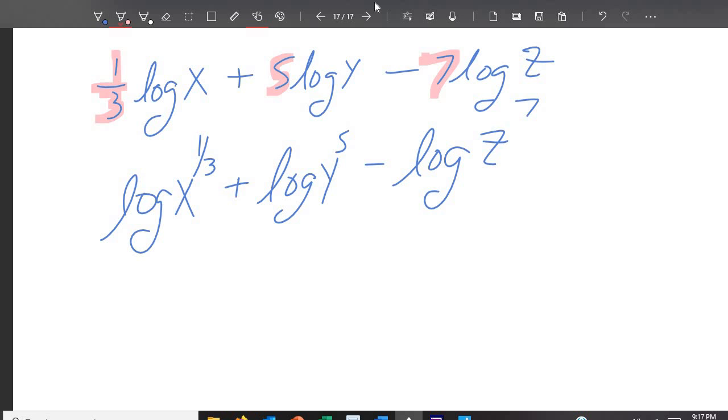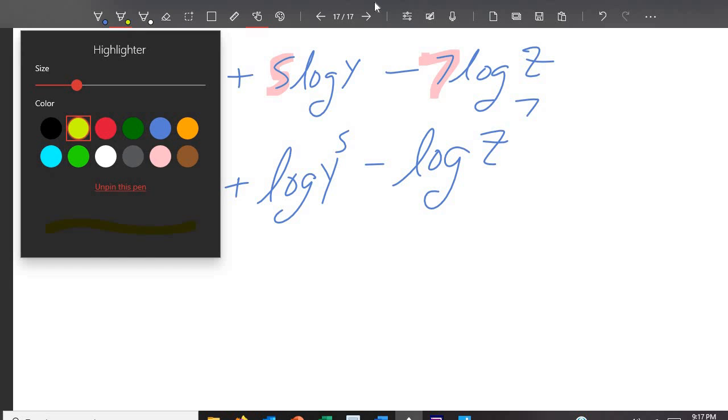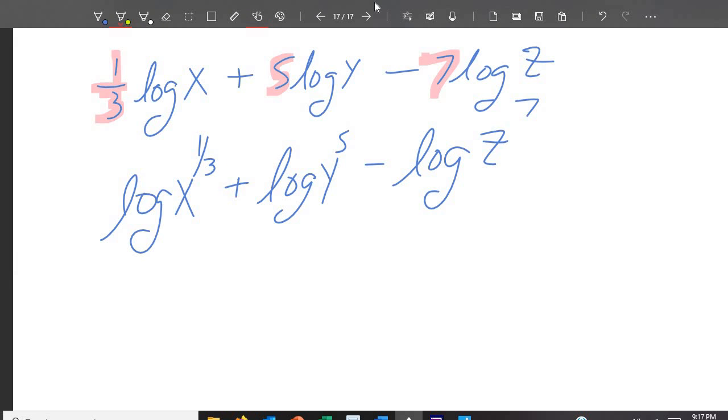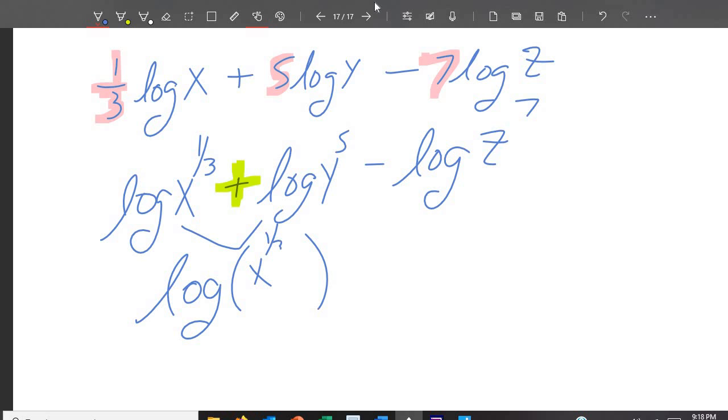Once you do the power rule, you're going to look for the product rule. Well, notice here's a plus sign. We can take these two logs, squeeze them back together as one single logarithm, x to the 1/3 times y to the 5th. There is a multiplication here, not an addition sign. That wouldn't make any sense.